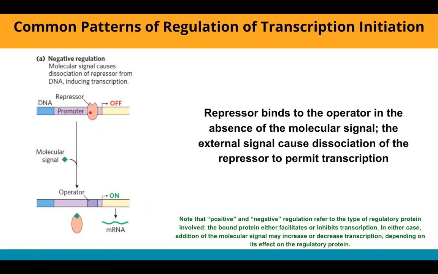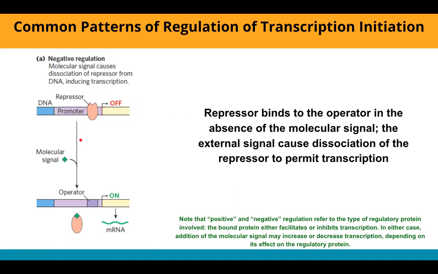So based from the principle that we have learned before in the previous slide, there are double negatives, it forms a positive response. So once a repressor binds to the operator in the absence of a molecular signal, the gene is off.